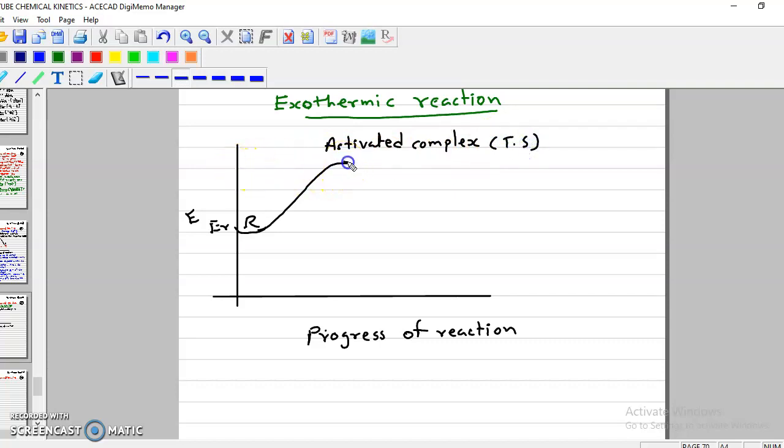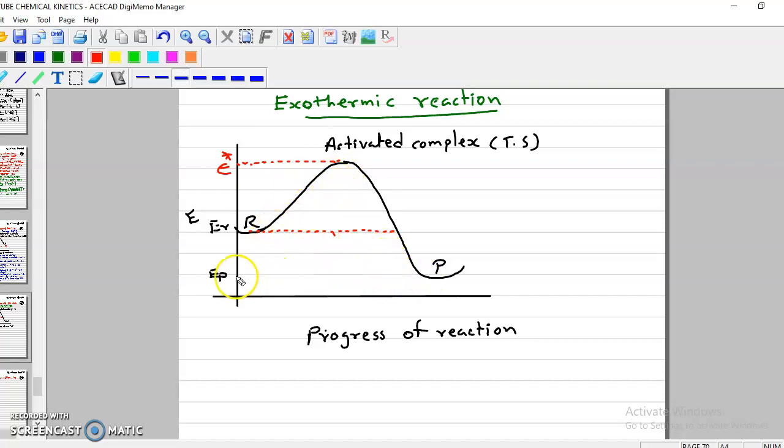Now further reaction goes and we get product. So this is a product form and energy of product over here, EP. Okay, so let us identify different kinds of energy. This is epsilon star, energy of activated complex.